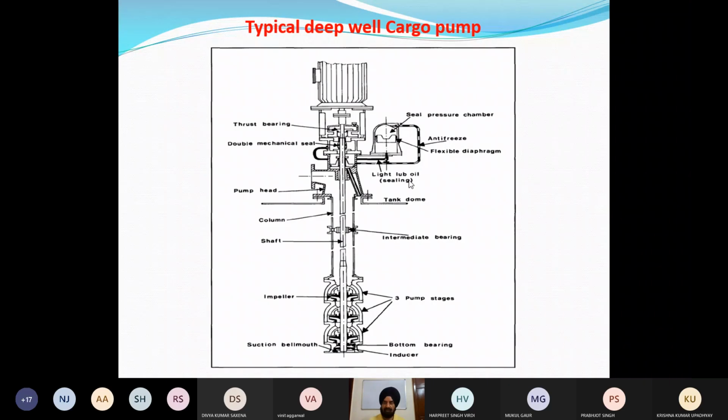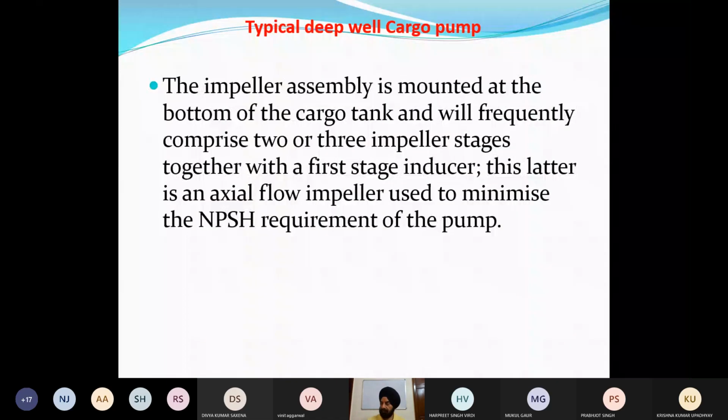The impeller assembly is mounted on the bottom of the cargo tank and will frequently comprise 2 or 3 impeller stages, together with a first stage inducer, that is basically to collect the cargo, and this later is an axial flow impeller used to minimize the NPSH requirements.